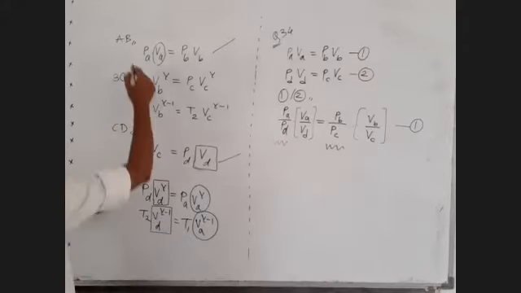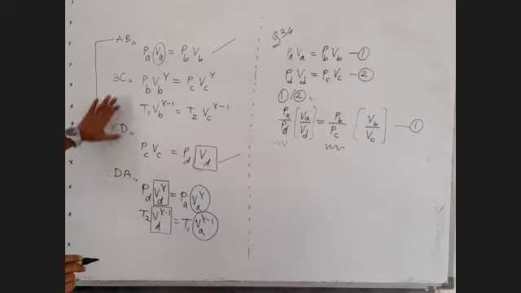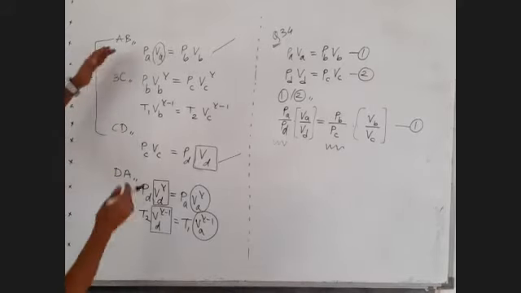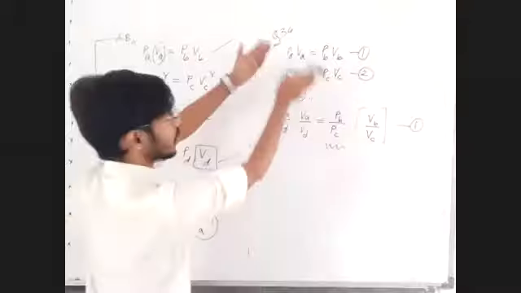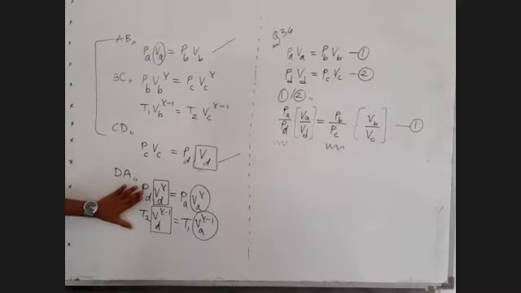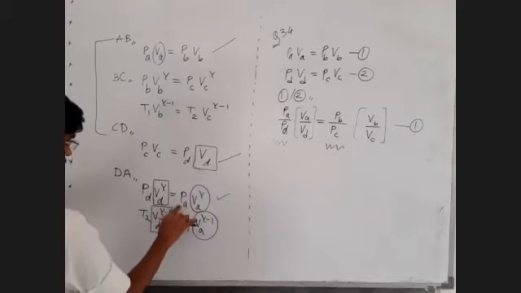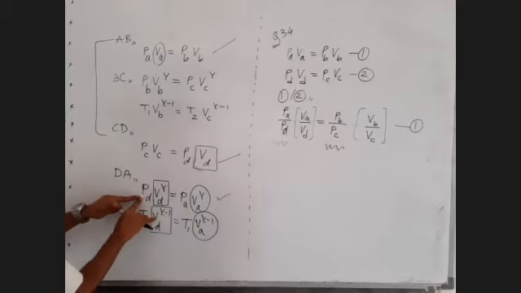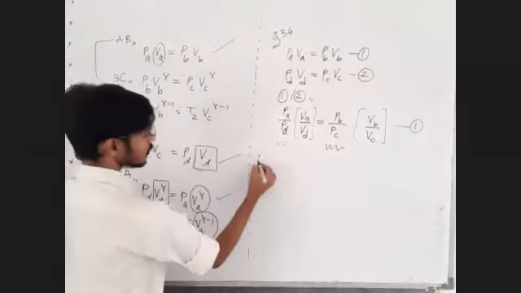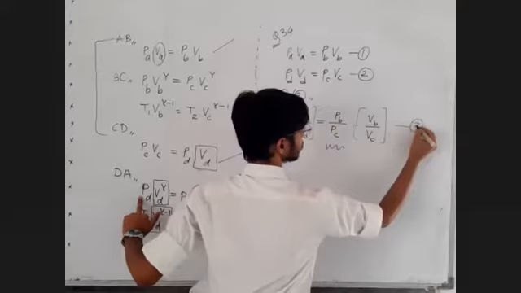Here, see, I have already used the isothermal equations. Now only way should be the adiabatic equations. Otherwise, if you use same equations again, you will get back to original equations. So obviously the next choice should be the adiabatic equations. So I want PA upon PD. Here I have PA, here I have PD. So call this equation as 3.